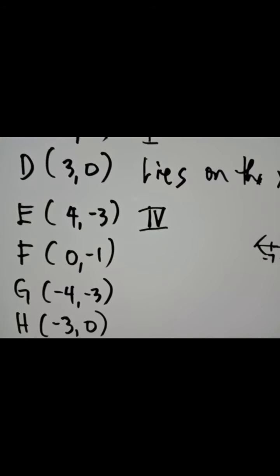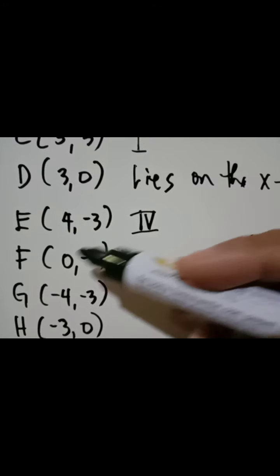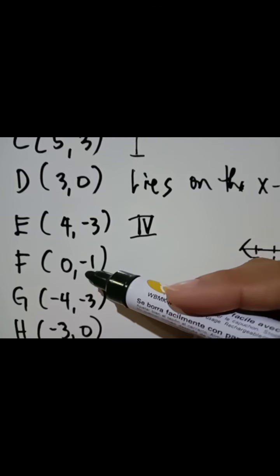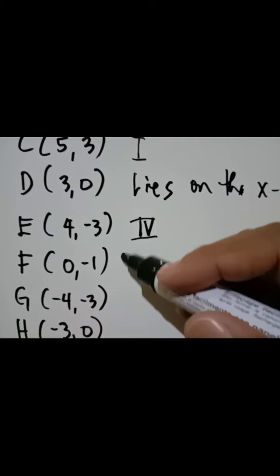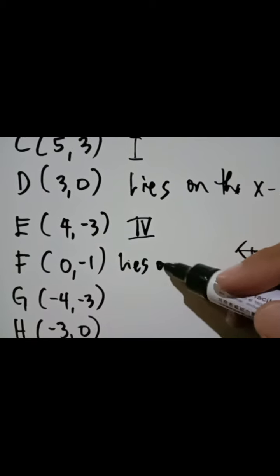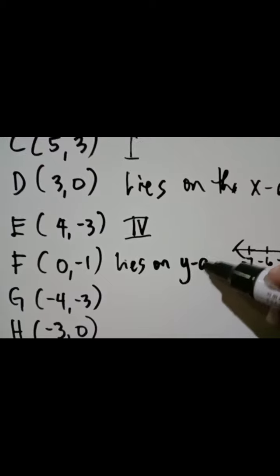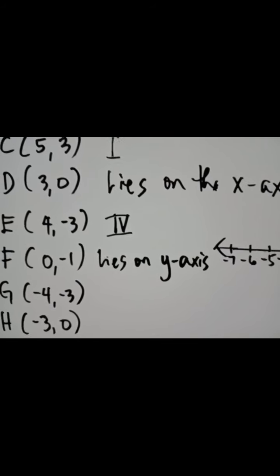0 and negative 1. It lies on the, because this is 0, so you have here negative 1. It lies on the y-axis. Okay? So, 0 and negative 1. This is 0 of the x-axis. Negative 1 is here.